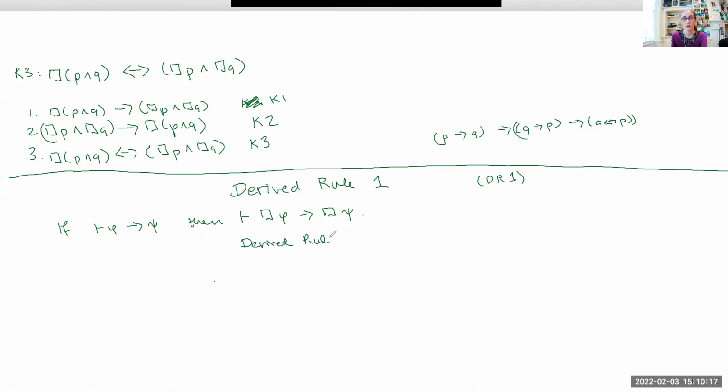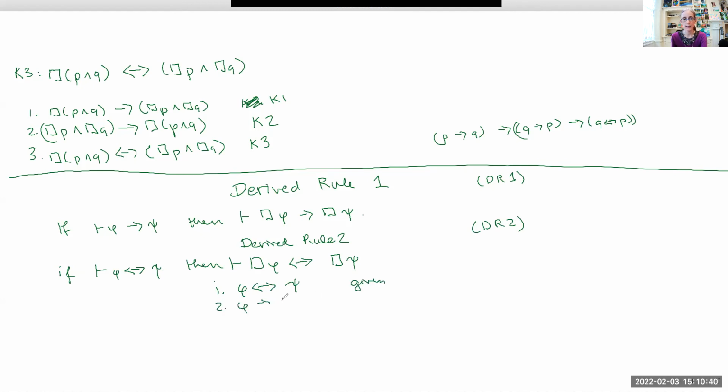Derived rule 2, DR2, says that if you have proven some biconditional, then you can put boxes on both sides of the biconditional. And again, we start off by saying, okay, take the biconditional as given.